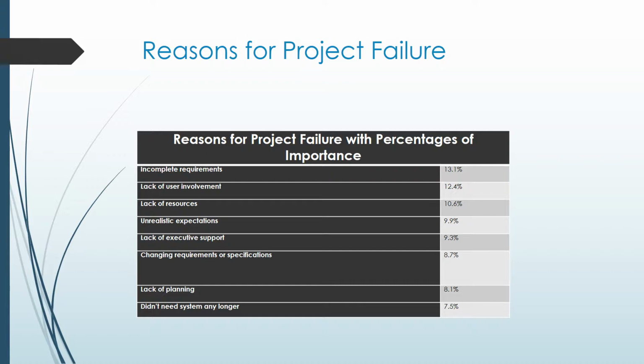Here's a little graph on the top reasons for project failures: incomplete requirements, lack of user involvement, lack of resources, unrealistic expectations, lack of executive support, changing requirements or specifications, lack of planning, and didn't need the system any longer.